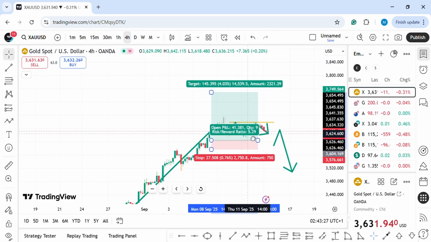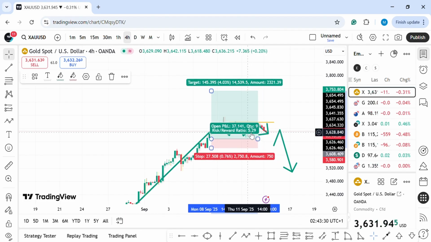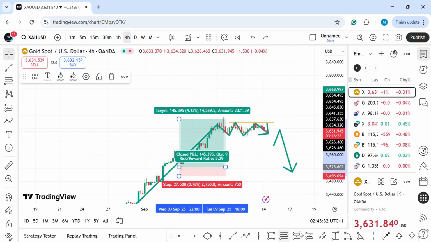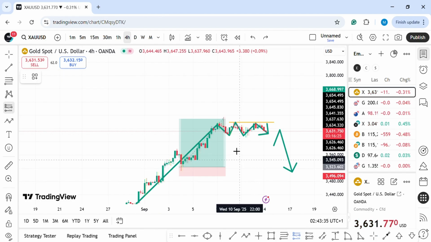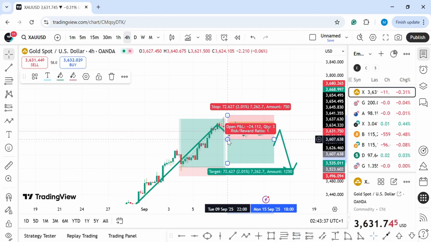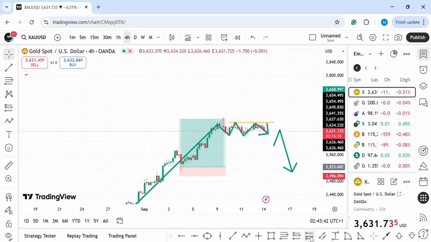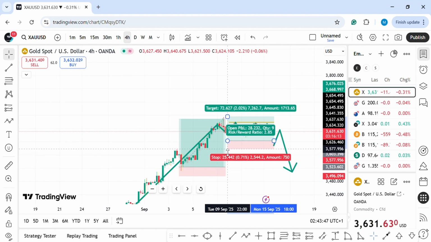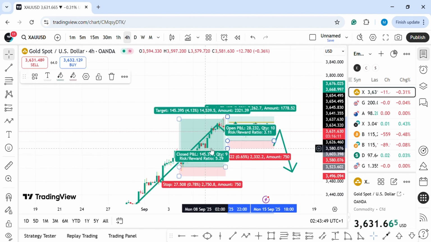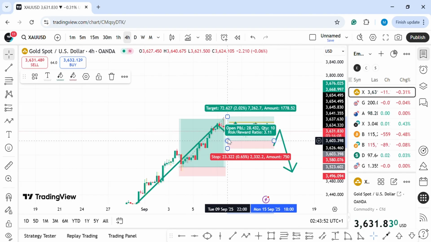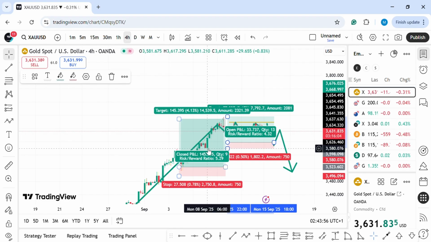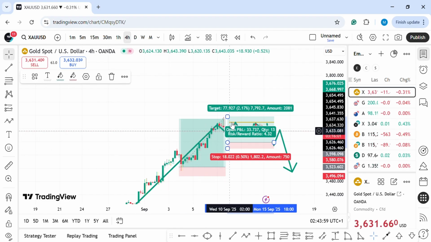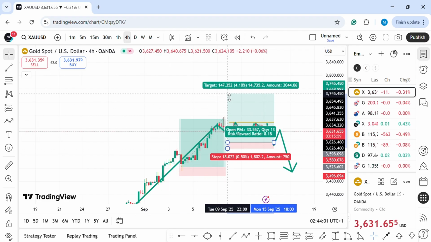Your new entry, you should break even to this point. So your stop loss should be on this new low. So you get it. You break even to here, then target this next move.